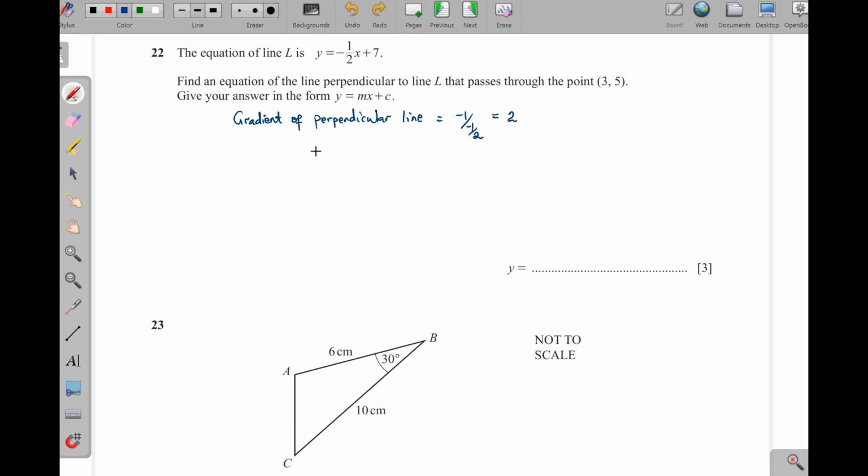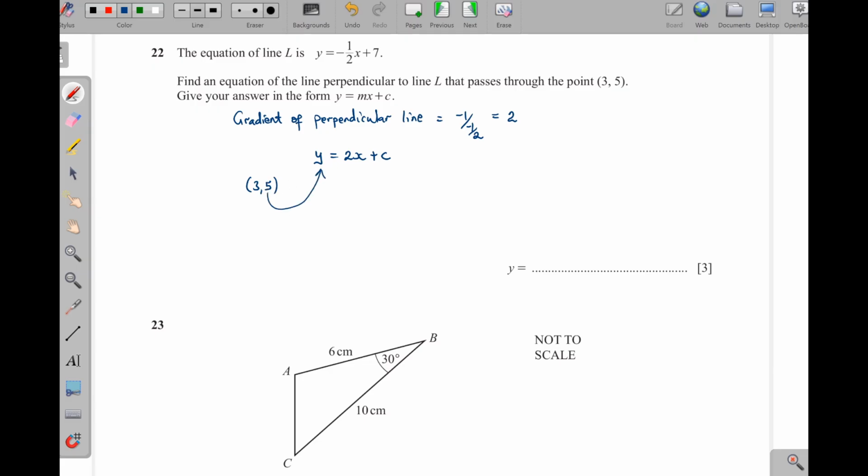Are we there? Then the equation of this line is going to be y is equal to the m, we have gotten it as a 2, then x, then plus c. Now our mandate is to find the value of c. We need to use this point here. If a point lies on the line, that means its coordinates must satisfy the equation of that line. So I have 3, then 5.